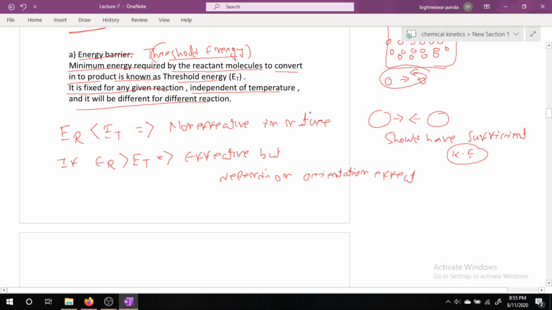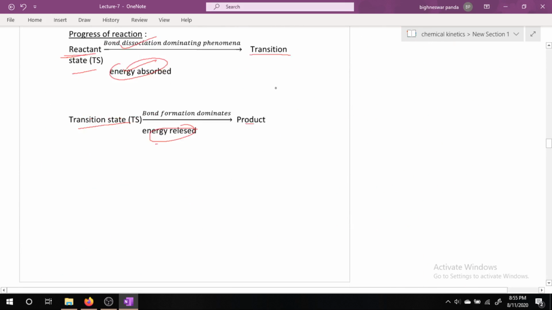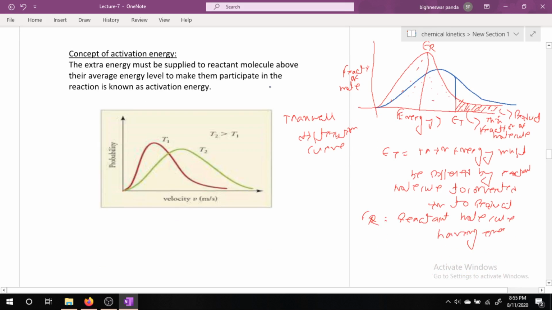Since the threshold energy is independent of temperature, it does not change, but there is an increase in the fraction of molecules participating in the reaction.